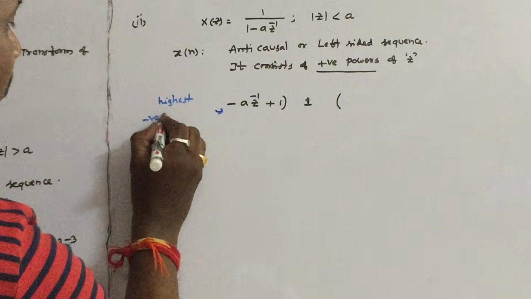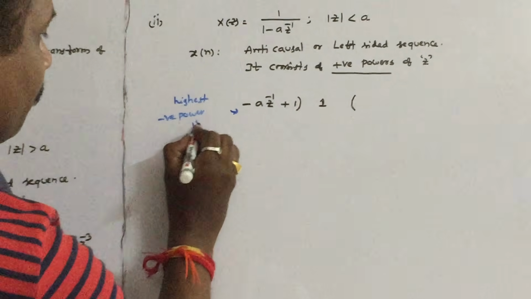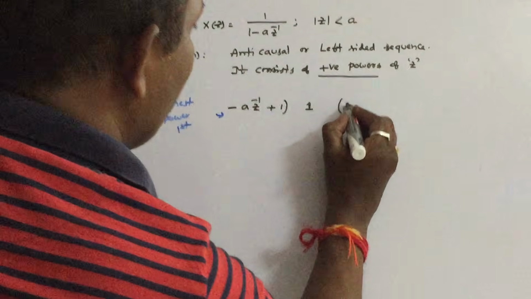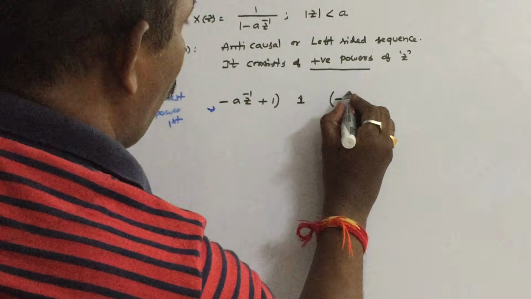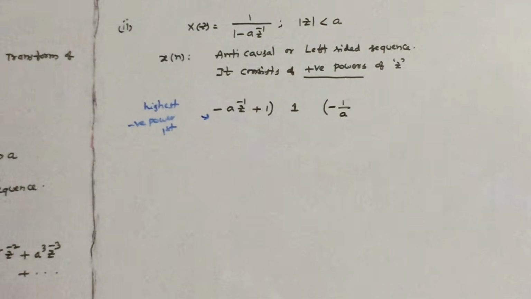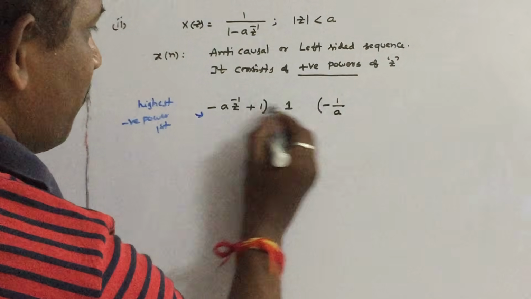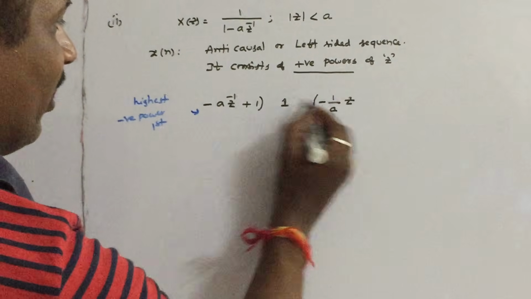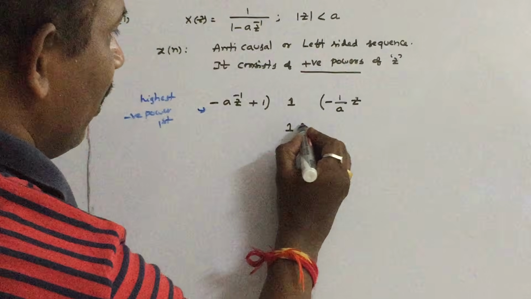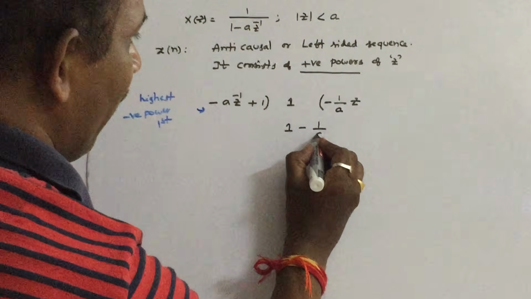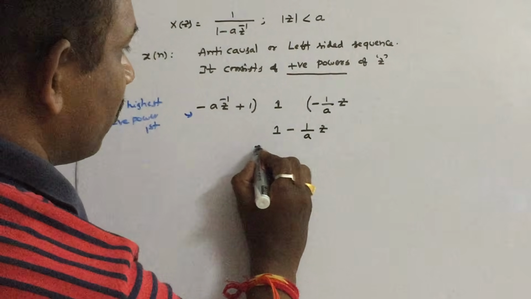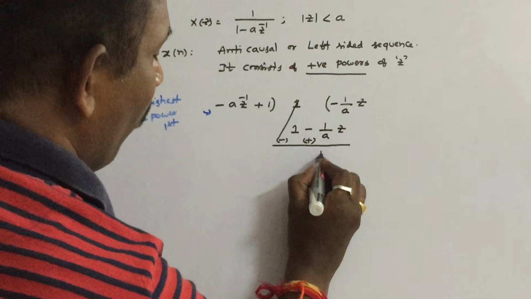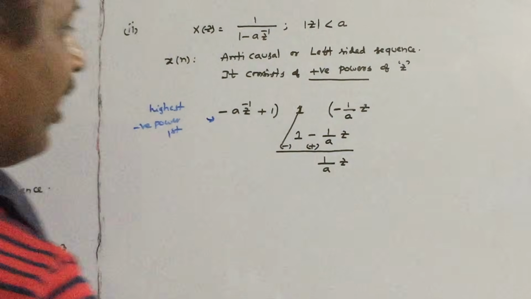Highest negative power first. Now, to get 1 here, you have to multiply 1 by a. Minus into minus is plus, a gets cancelled out, z. If you multiply with this, you get 1 minus 1 by a into z. So 1 gets cancelled out, plus 1 by a into z.